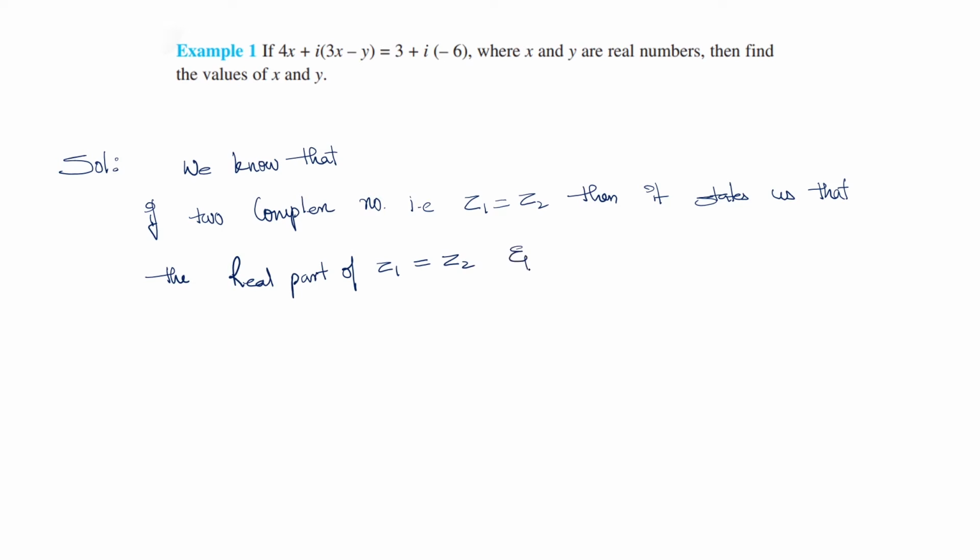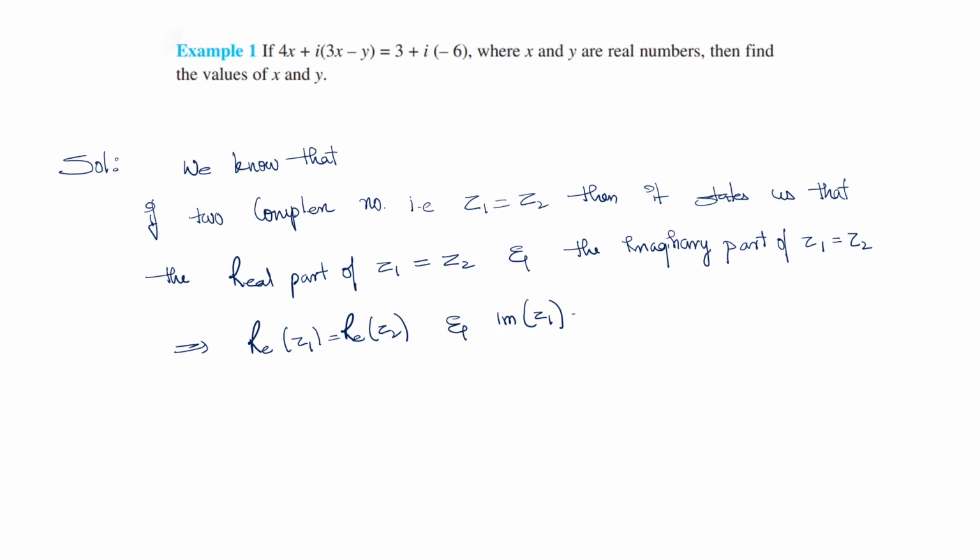I would write it in the further notation. So here I am writing it briefly so you could understand it more clearly. So now it is Re of Z1 is equal to Re of Z2, which is the real part of complex number 1 is equal to the real part of complex number 2.